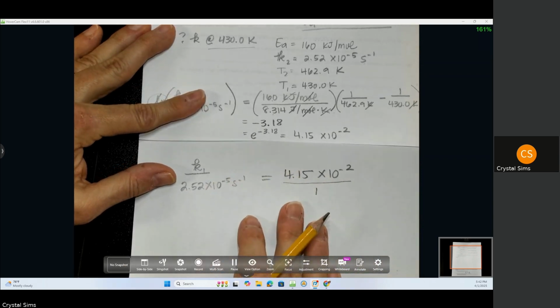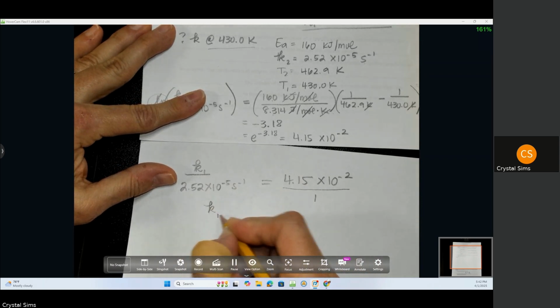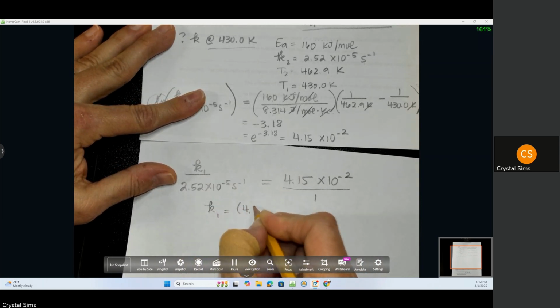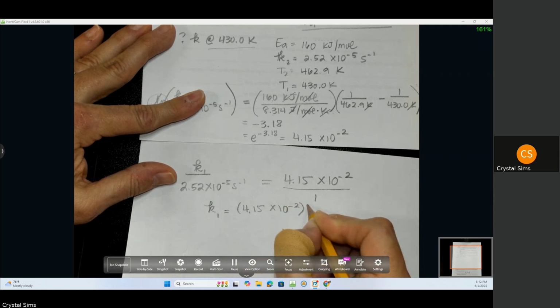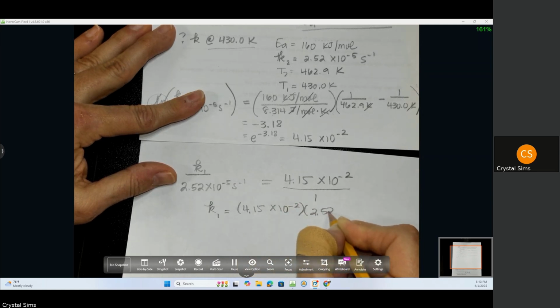And when we cross multiply, then K1 is going to be equal to 4.15 times 10 to the negative 2 times 2.52 times 10 to the negative 5.